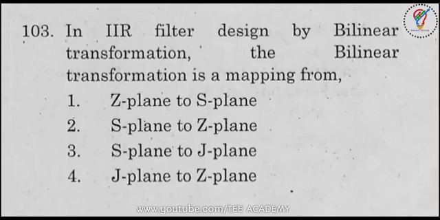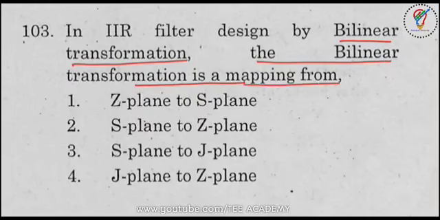The question on the screen is: an IIR filter designed by a bilinear transformation. The bilinear transformation is a mapping from the analog S plane to the digital Z plane.